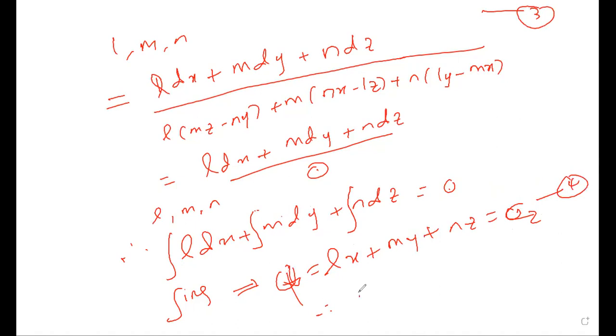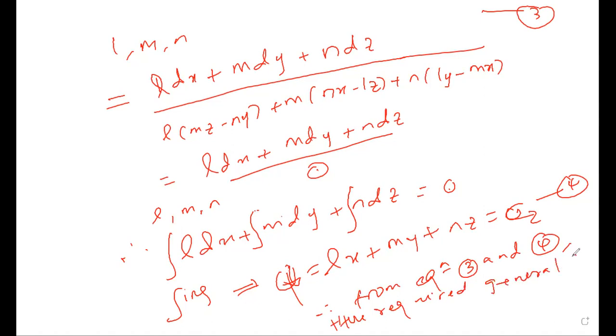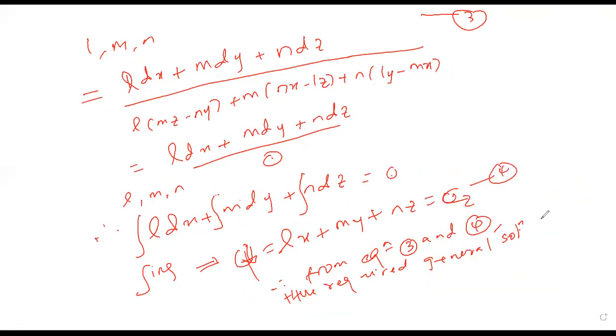So from equations 3 and 4, write down the solution. The required general solution is phi comma chi equal to 0.